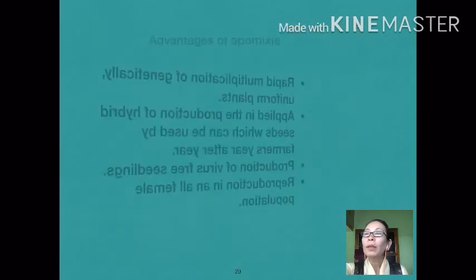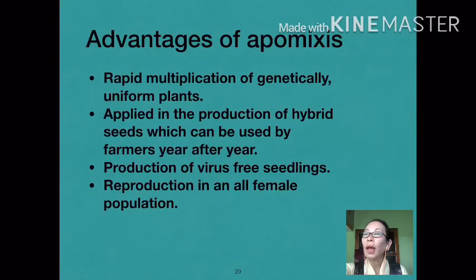So, apomixis has certainly proved advantageous to plants. This is a rapid method of reproducing genetically uniform plants, and it is also beneficial in areas with an all-female population.